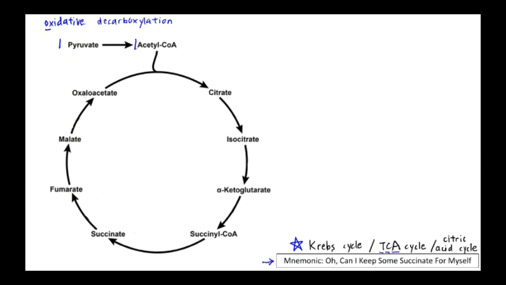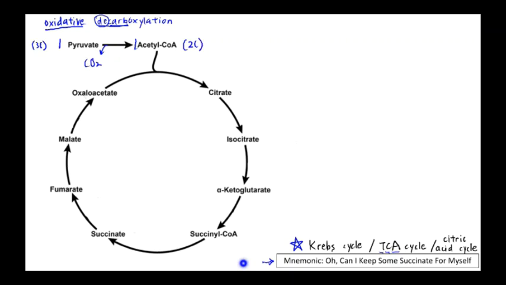This involves oxidation as well as decarboxylation, which means the removal of carbon, and that's why it forms carbon dioxide. And pyruvate, which is a 3-carbon compound, will now become acetyl-CoA, which is only 2 carbon because of decarboxylation.